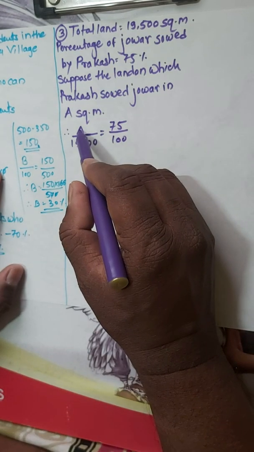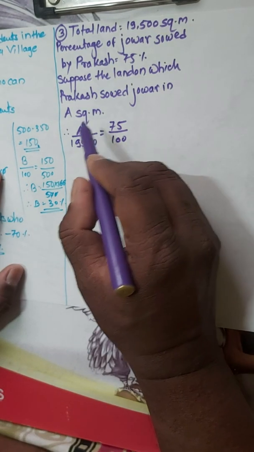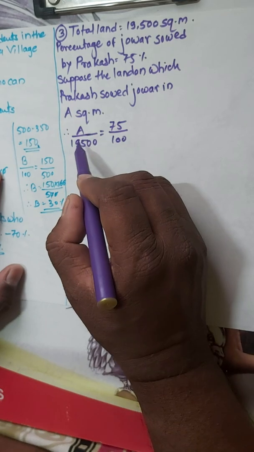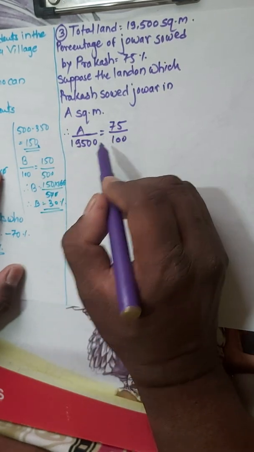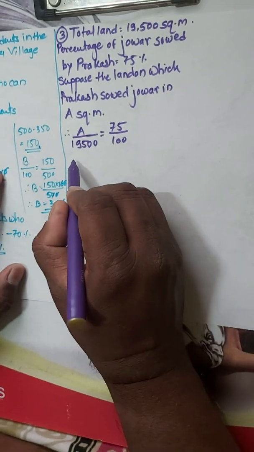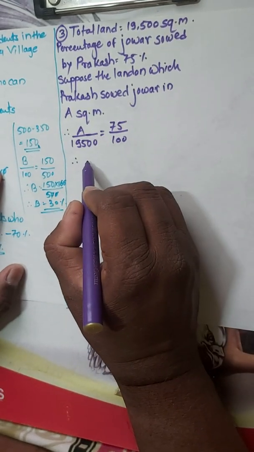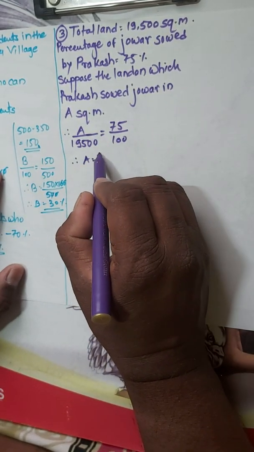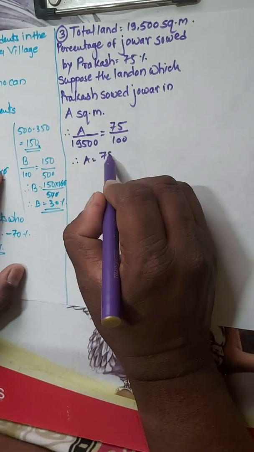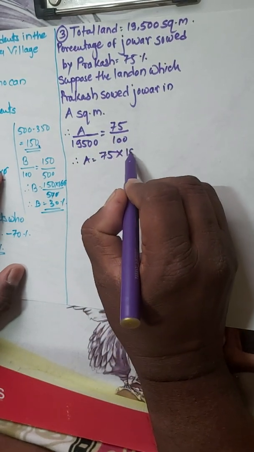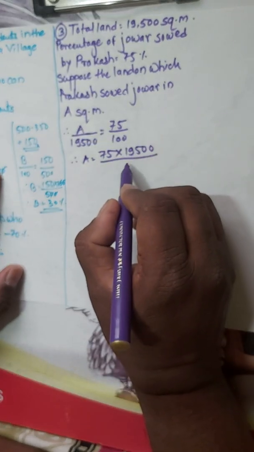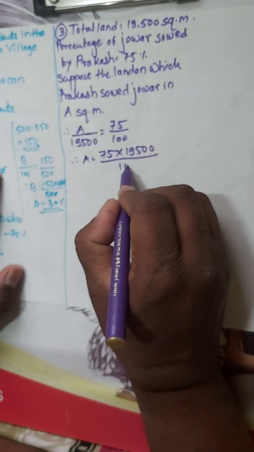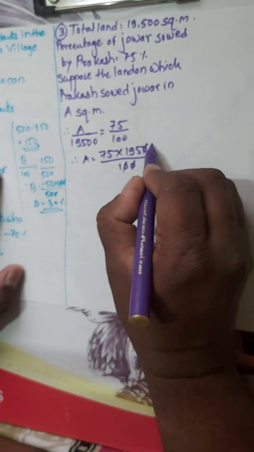So we have to find A. A means what? The land where Prakash sowed the jawar. So that we have to find. So this is the total land. That's why little bit changes in this equation. Therefore, again, A is equal to cross multiplication, 75 multiplied by 19,500 upon 100. So this gets cancelled.